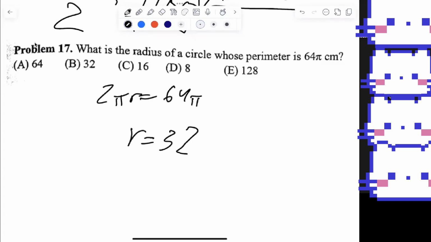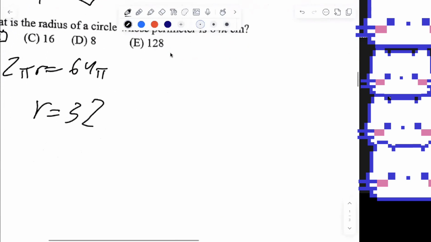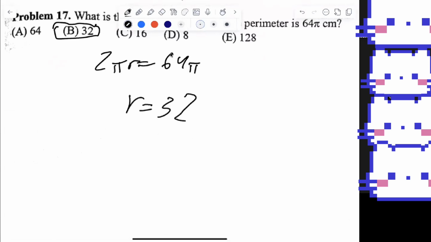The whole point was to find the radius because the radius is really important. Then the area is 32 squared times pi. I thought I was finding the area. Sorry about that. I'll give you a moment to digest, and we'll move on.